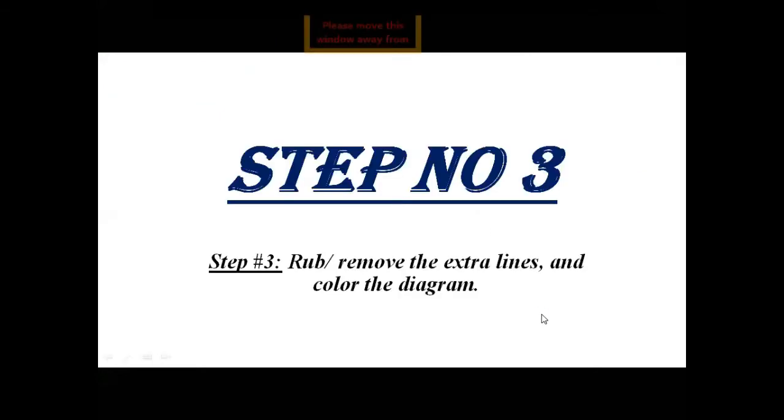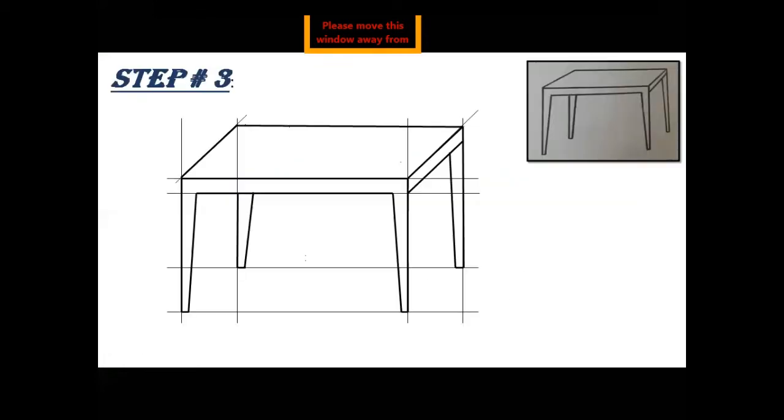Now we will move towards step number three. In step number three, we will remove the extra lines and color the diagram. If you focus on the diagram on the screen, you will observe that lines are continuously removing.